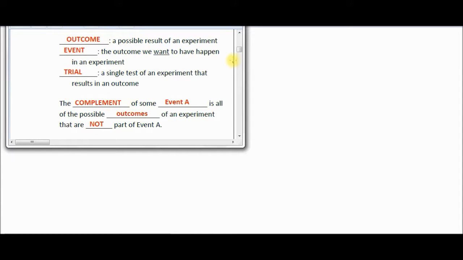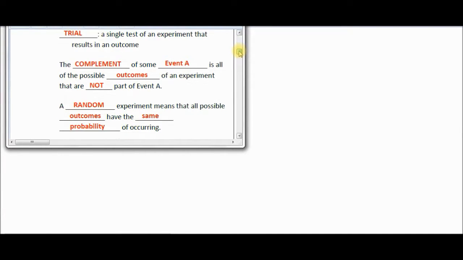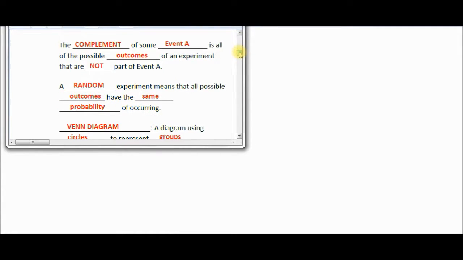That is the complement of being there versus not being there. And defining random: a random experiment means that all possible outcomes have the same probability of occurring. I'm going to roll a die. Every side has the same probability of showing on the die. So there are our definitions.